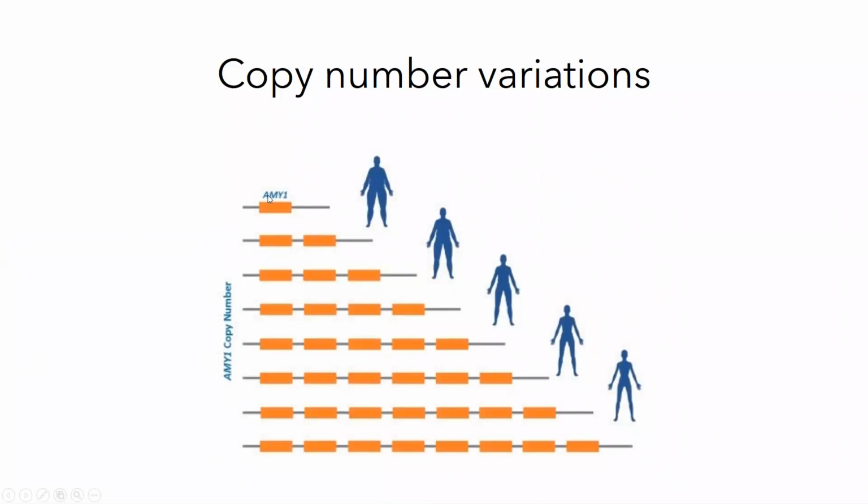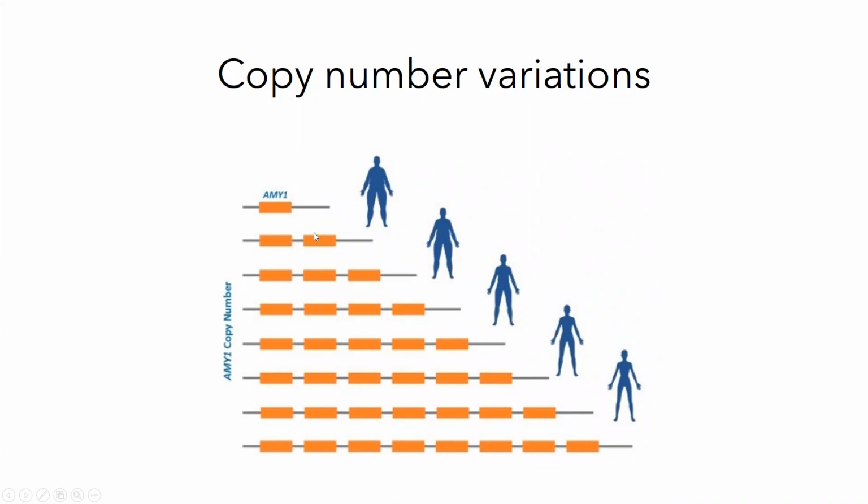This is the AMY1 gene, which digests complex sugars. And this is a copy number polymorphism, we could say, because each person has 1 to 20 copies of this gene.